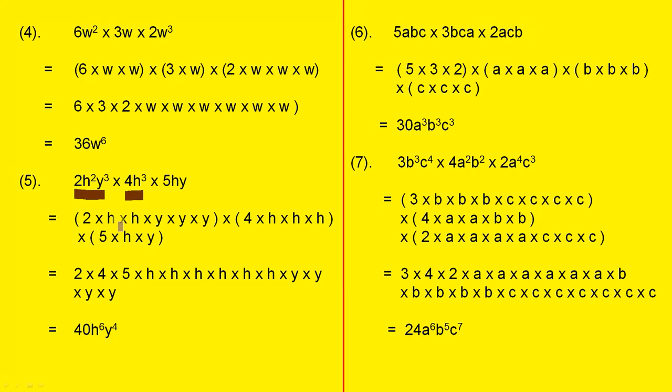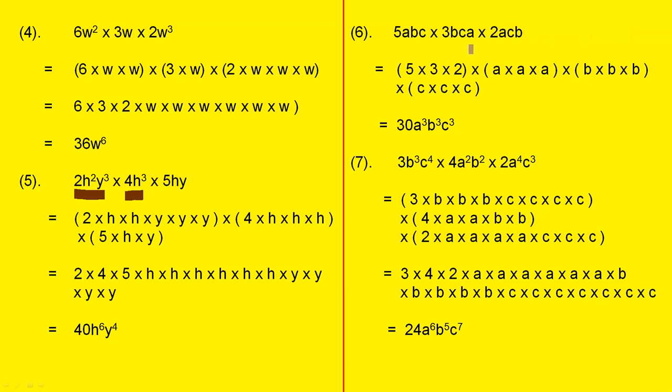For the h's, we have 1, 2, look at it carefully, 3, 4, 5, we should have 6 h's. 1, 2, 3, 4, 5, 6, we do. And for the y's, we have 1, 2, 3, 4. So it's 40 h to the 6th, y to the power of 4.